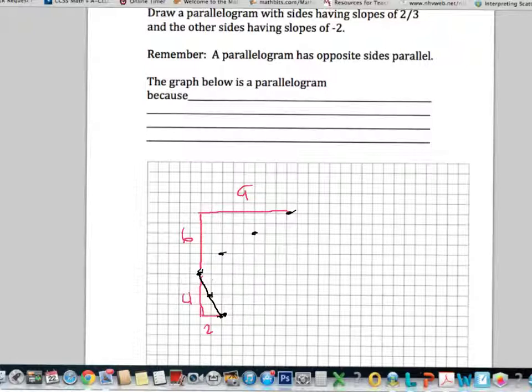So I know its opposite side will also have to have a triangle where the hypotenuse would be the same length, with a 6 by 9 on the leg lengths.